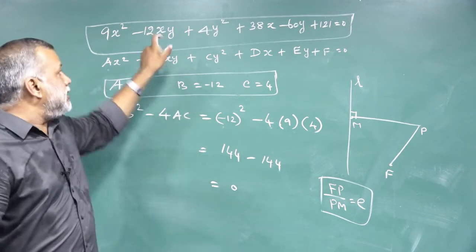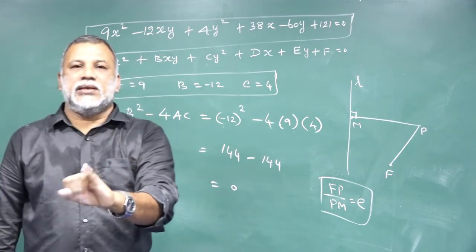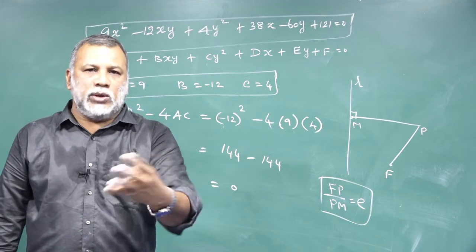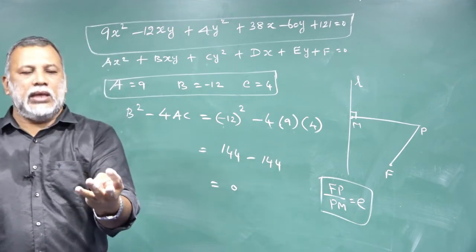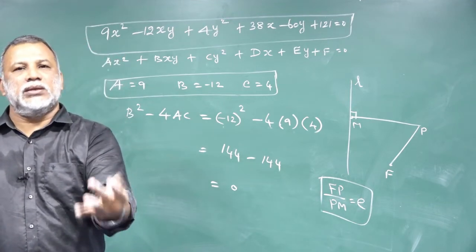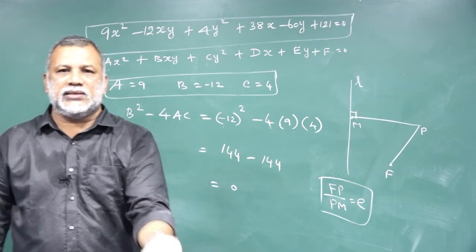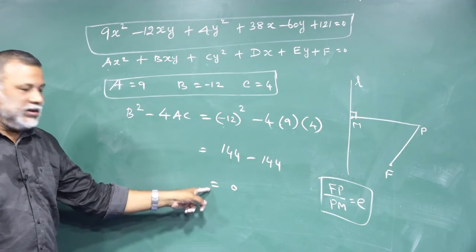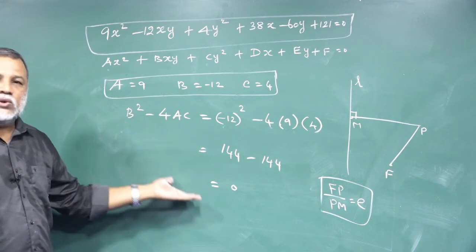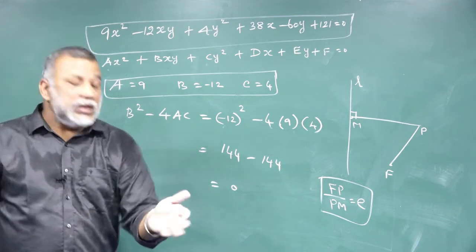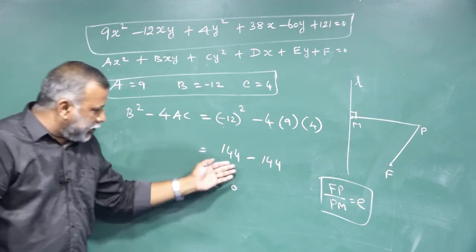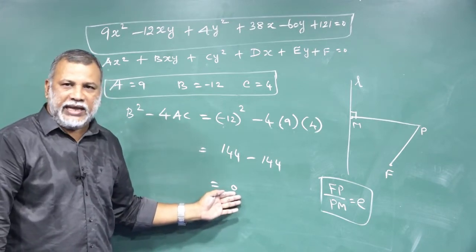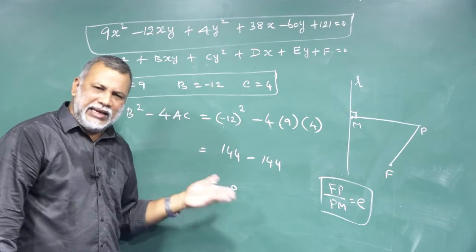Check what this equation represents, maybe as a 1 mark option: parabola, ellipse, hyperbola, circle. They may ask like this. So you must know this logic. B squared minus 4ac equal to 0, then it denotes a parabola. Suppose we work it out and it produces a number less than 0, a negative number.